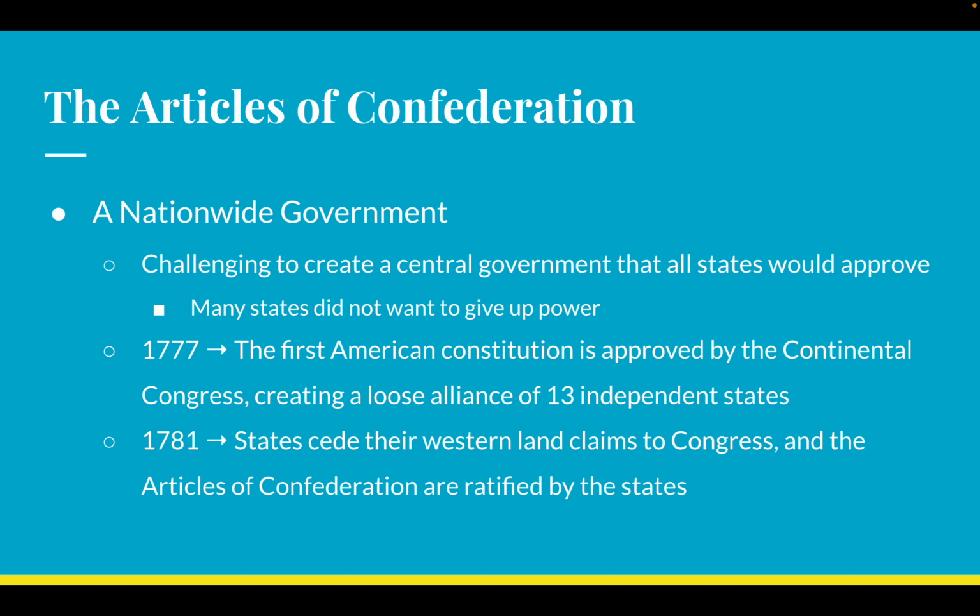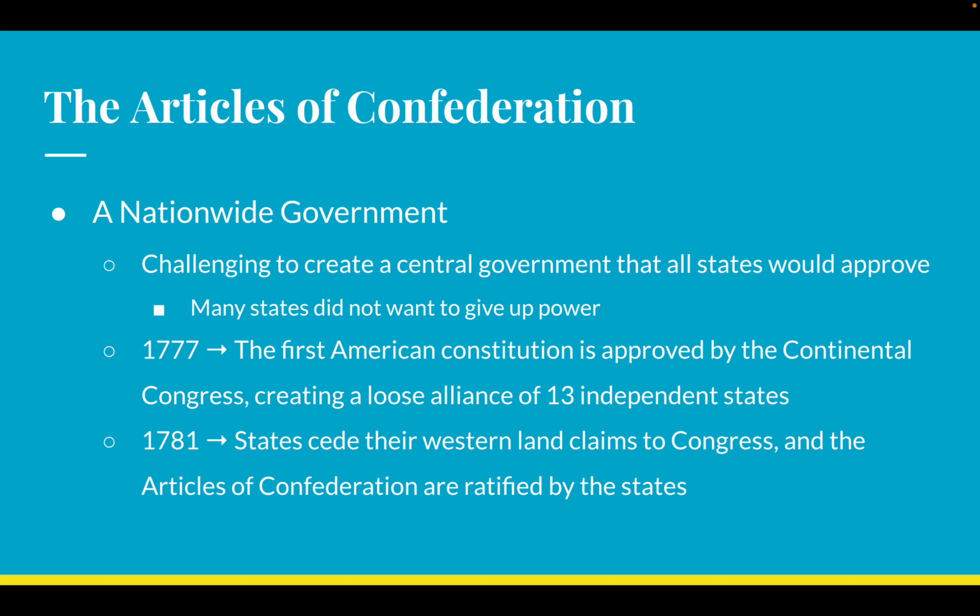Now, 4 years after this, near the end of the American Revolution, right around the time of the Battle of Yorktown, states are going to cede their western land claims to Congress, and the Articles of Confederation are officially ratified by the states. So between 1775-ish, when the war starts, and 1781, the Articles of Confederation don't necessarily exist yet.